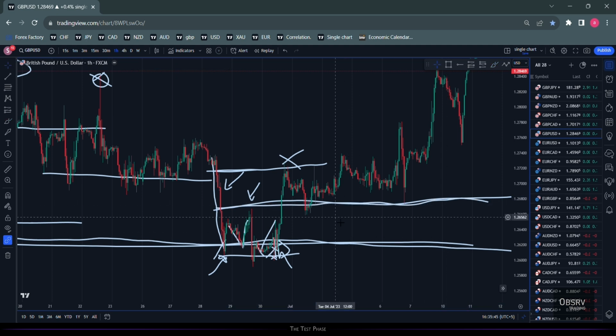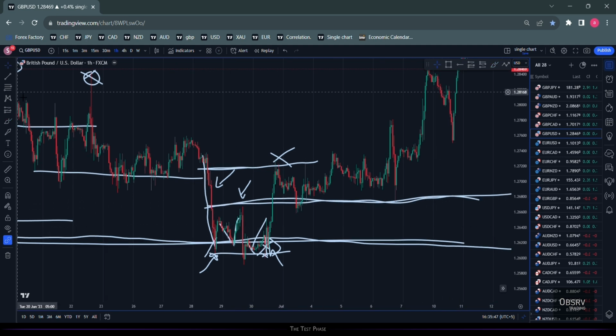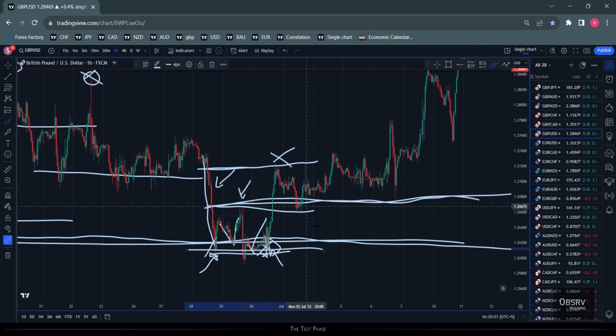We've gone through this little range that's been forming, and we've broken higher. Now, the first signs of your bigger buyer coming back. These are the first signs.